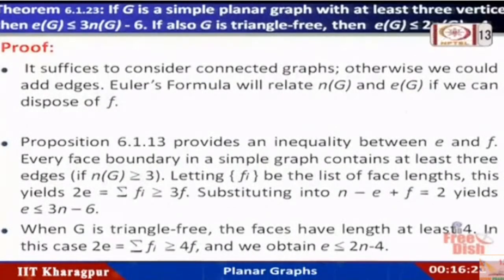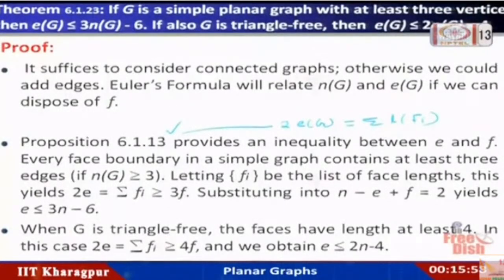The proposition we have seen previously provides an equality between E and f. If you recall, twice the number of edges is equal to the summation of lengths of the faces, that we have already seen.